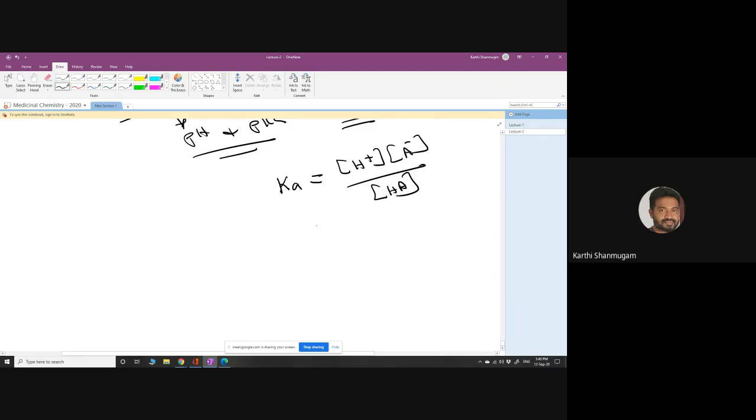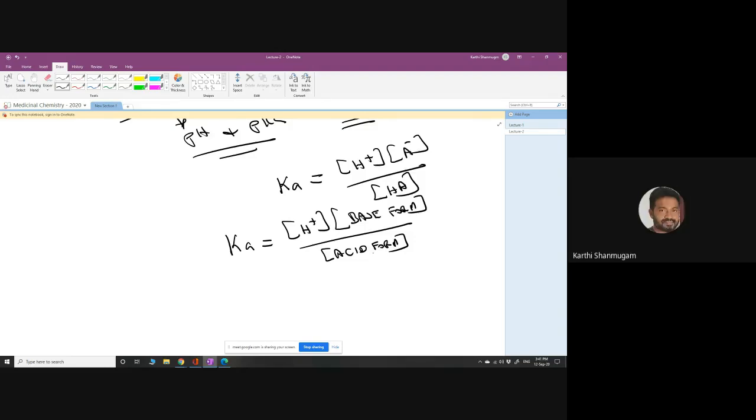Can I rewrite this equation, I hope my handwriting is somewhat readable, as H plus and base form by acid form? I'm just rewriting in a different way. Does it make sense?